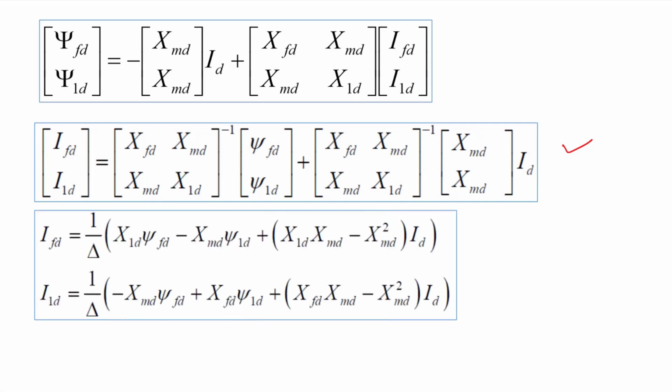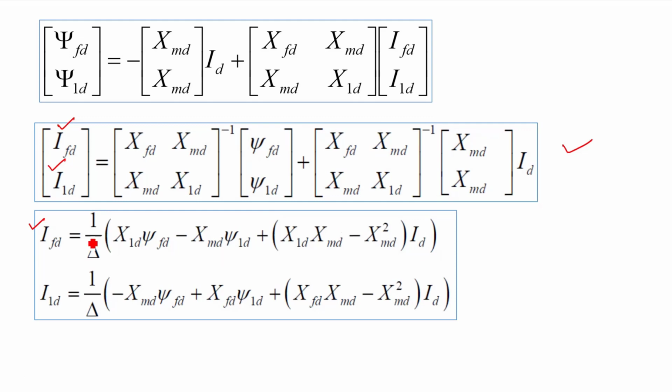Just segregating and finding the equation individually for IFD and I1D, I can write the equation for IFD as 1 by determinant of this matrix, into the adjoint of this matrix, into ID. Similarly, all these terms are added.